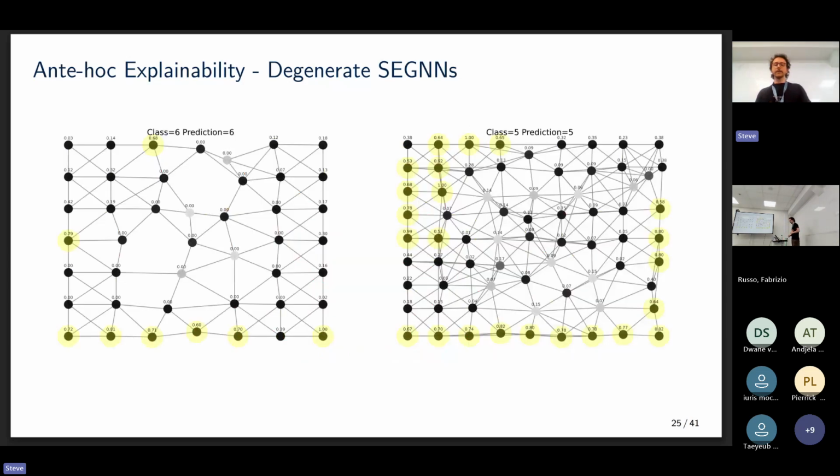I trained SCGNNs on these graphs, and the accuracy is very high, like 97 something. And then I highlight with a yellow color the nodes that are predicted to be part of the explanation. And as you can see, the model claims to be using background pixels.